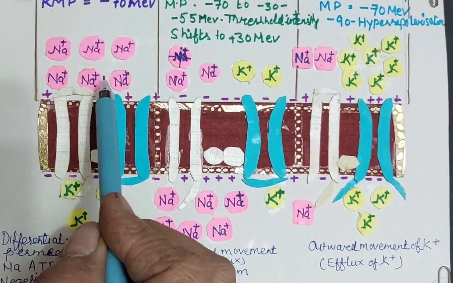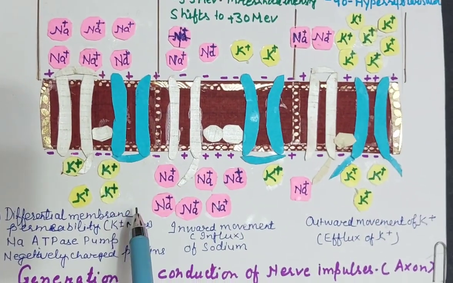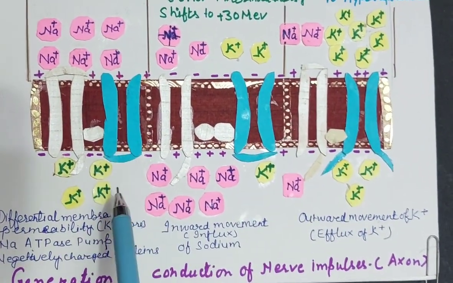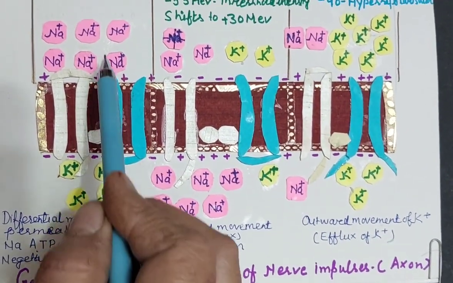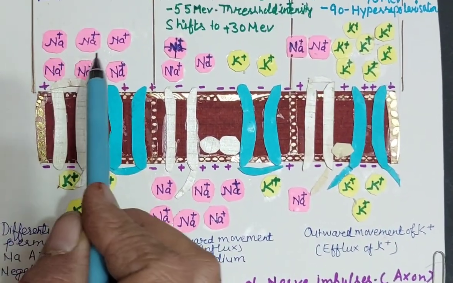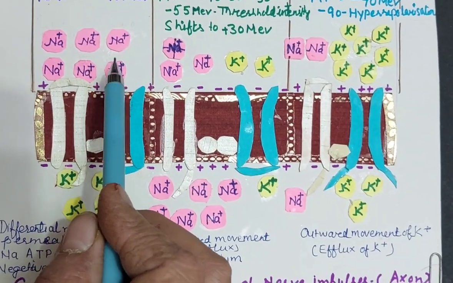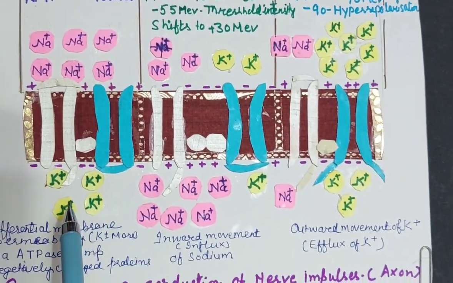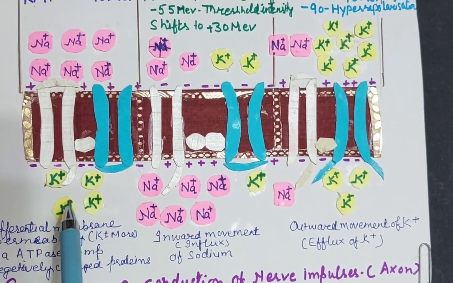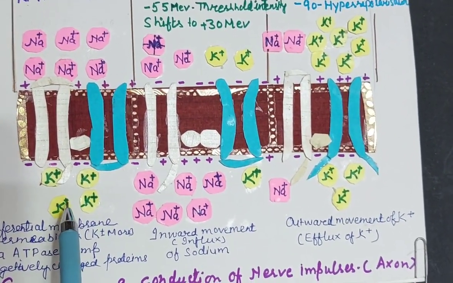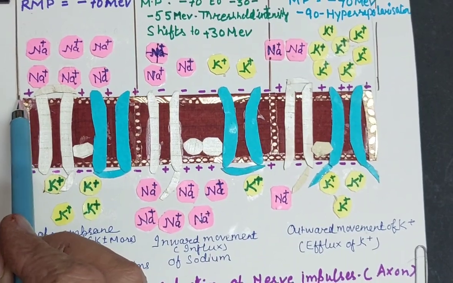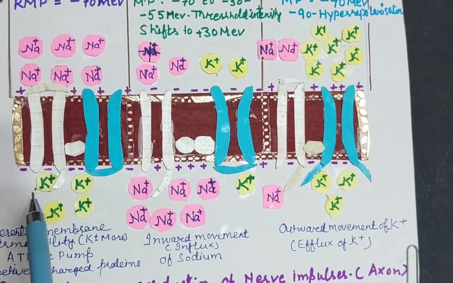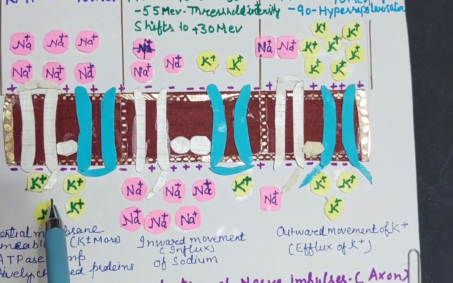So sodium is always more outside, and the potassium leaky channels remain open, through which potassium leaks outside. So the number of positively charged ions is always more outside the axonal membrane as compared to the inside, in the intracellular fluid. That makes the axonal membrane positively charged from the outside and negatively charged from the inside.